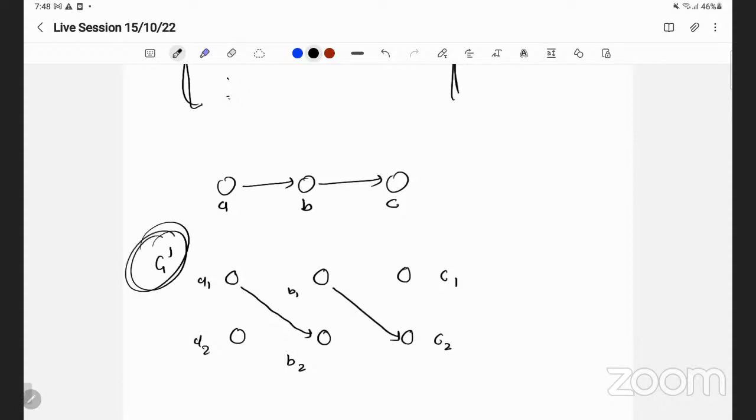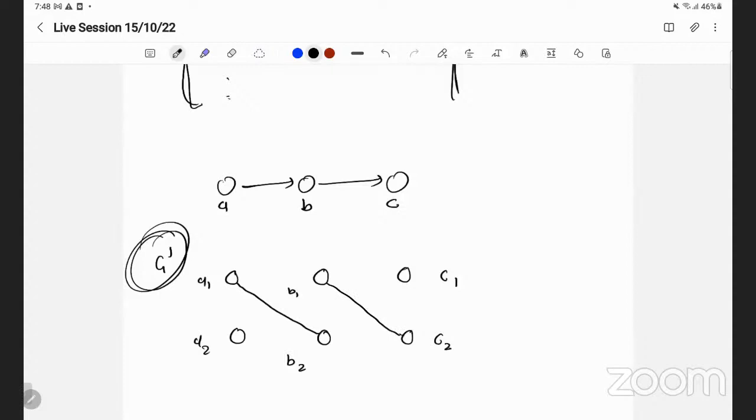So this is how the construction of G prime was done. For each vertex, we represent it as two vertices: A1, A2, B1, B2, C1, C2. If there is a directed edge from A to B, then we add an undirected edge from A1 to B2. There is a directed edge from B to C, so we add an undirected edge from B1 to C2, right?